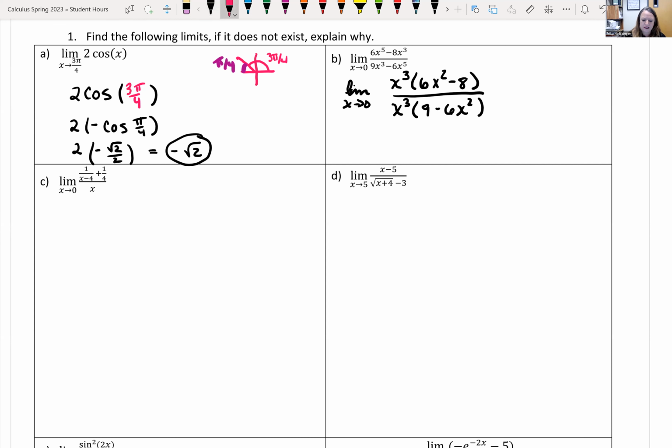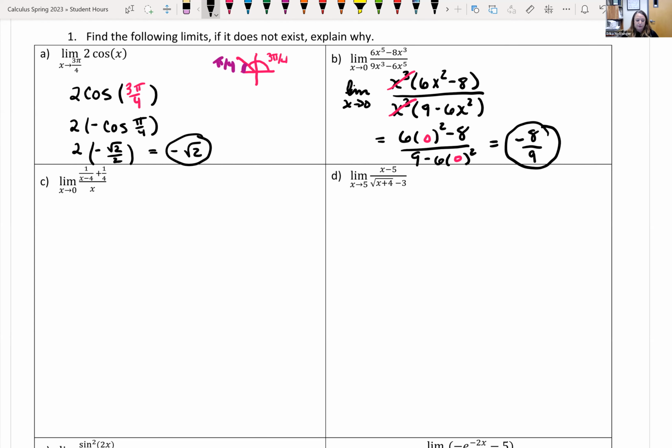Our x cubes cancel in the numerator and denominator. Now when we do our direct substitution, we have 6 times 0 squared minus 8 all over 9 minus 6 times 0 squared. This would give us back negative 8 over 9. So the limit as x approaches 0 of that function is negative 8/9.